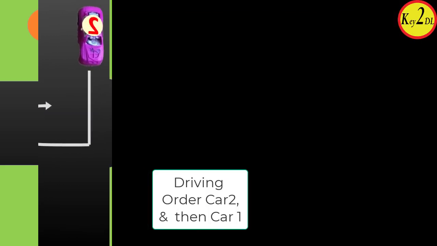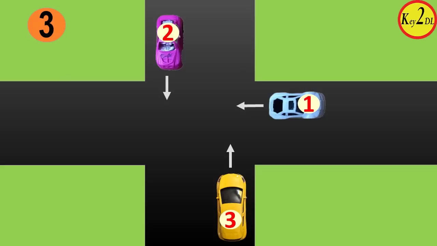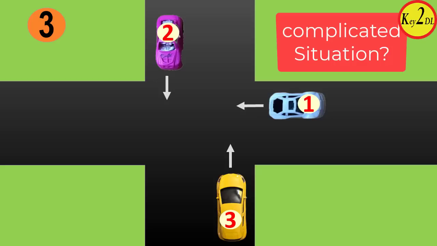Okay, now coming to situation number 3, and this is a very interesting as well as complicated situation. Car 1 is to the right of car 3, and car 2 is to the right of car 1. So in this scenario, each car has another car to its right, and that's why the situation becomes more interesting.